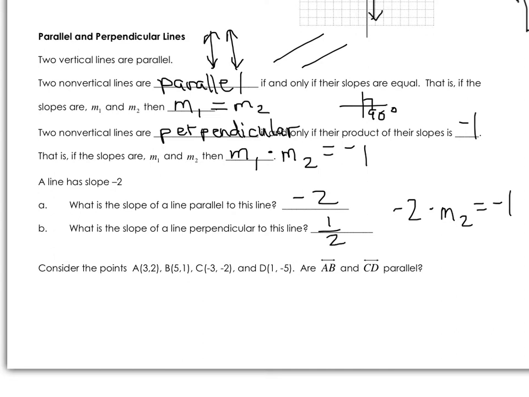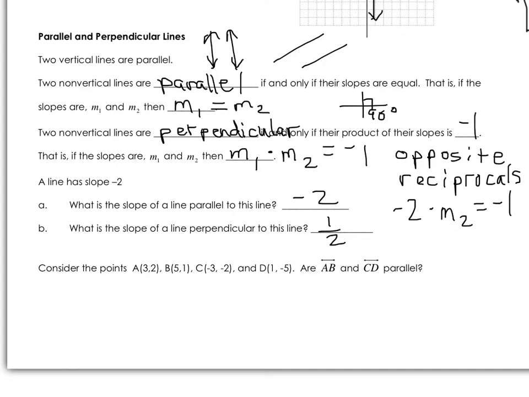You could say that the slopes of perpendicular lines are opposite reciprocals. If one slope is positive, the other is negative. Whatever the one slope is, the other is the reciprocal of that slope. Opposite reciprocals.